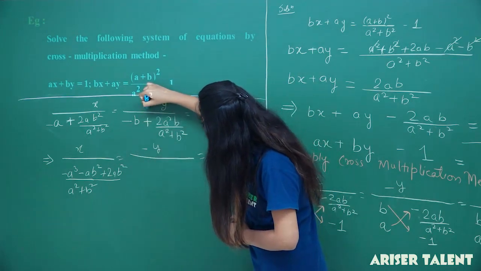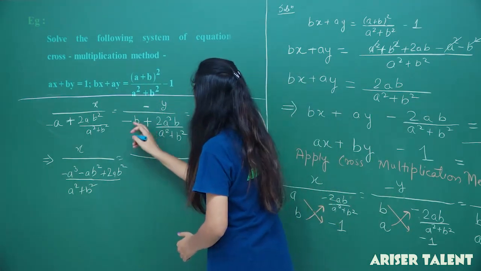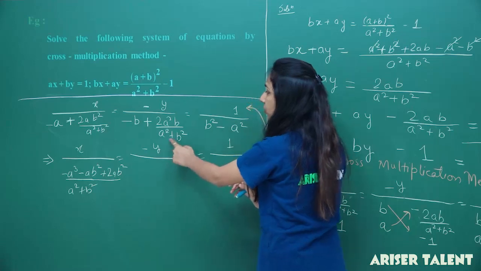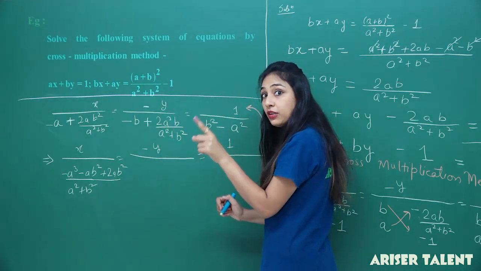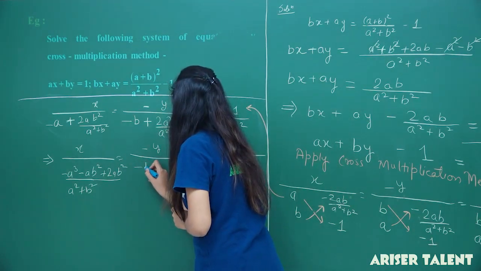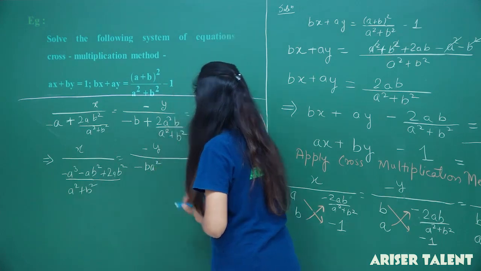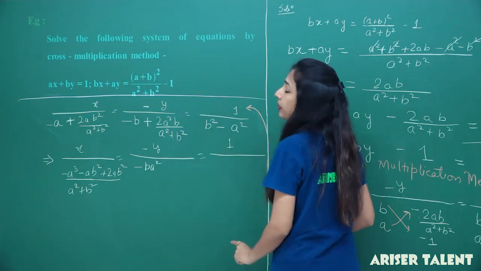Okay, now about y. We are not considering this minus sign here, right? So, minus y will be, again the procedure will be a square multiply by b, a square b, but of minus, right? So, minus b a square plus minus b multiply by b square.